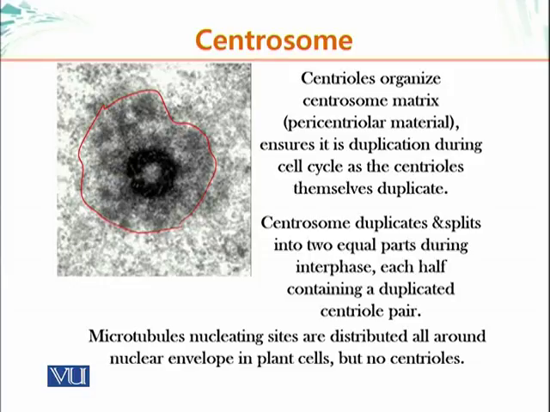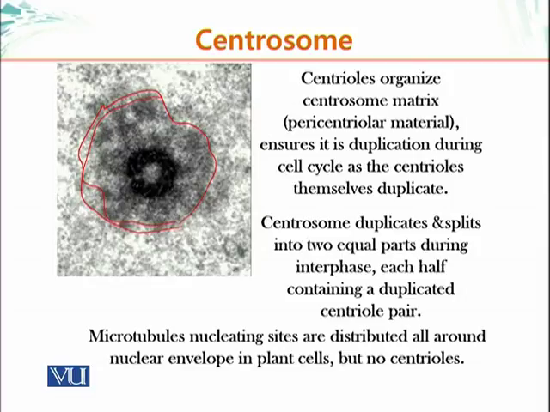The centrosome duplicates and splits into two equal parts during interphase, each half containing a duplicated centriole pair. Microtubule nucleating sites are again distributed throughout this amorphous material.